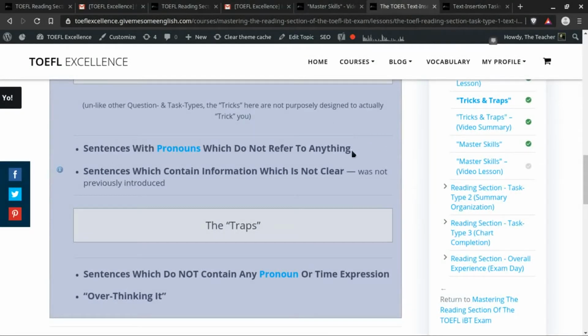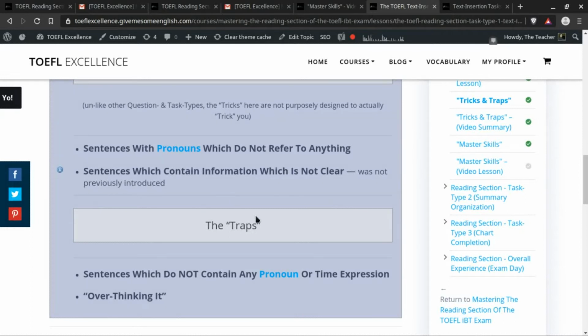That's actually a very common thing. So if the sentence contains a pronoun which is not referring to anything in the same sentence, then it's almost definitely referring to something in the sentence before it. Sentences which contain information which was not clear, in other words, it was not previously introduced.